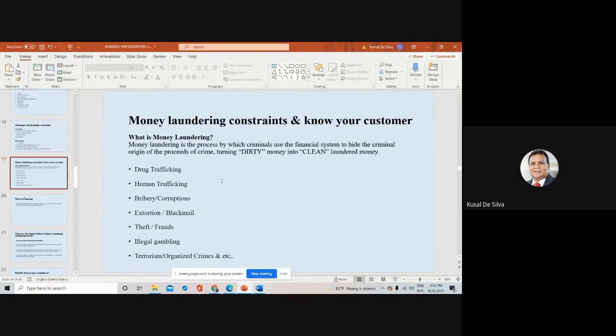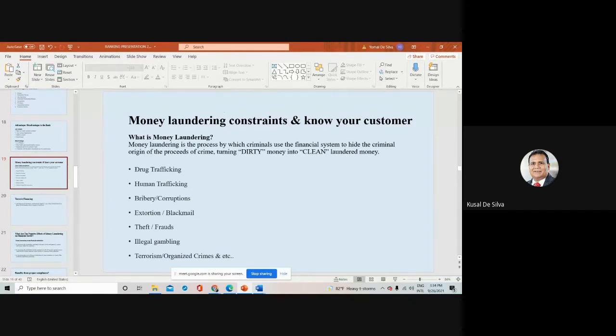That is how the name money laundering came about. Then he used that laundered money. People needed to come and put money into the machine and get their washing done. So these machines basically laundered the dirty money into clean money, and this name came out of that operation. So that's the history.